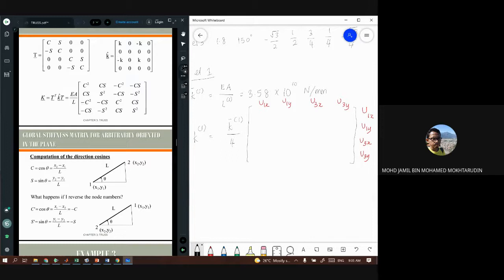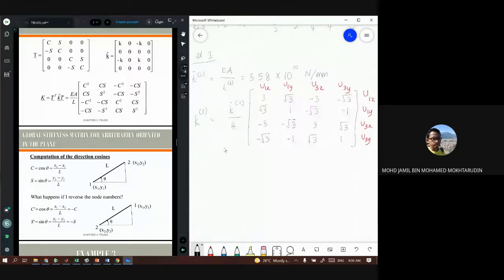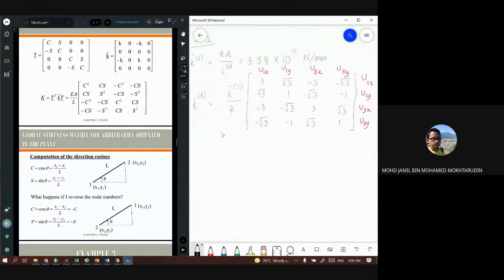Okay, so just fill in the value here from the table. Okay. So this is the stiffness matrix for element 1. Now we go to element number 2.